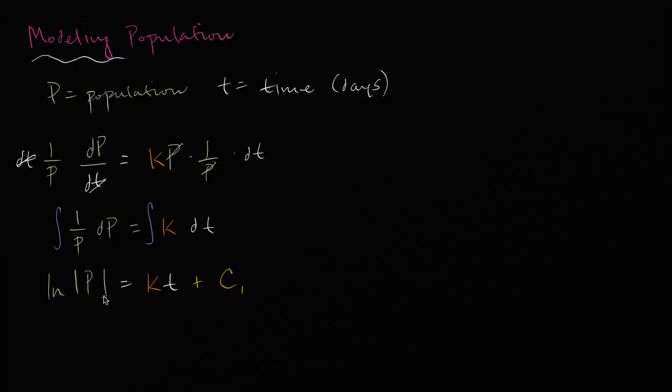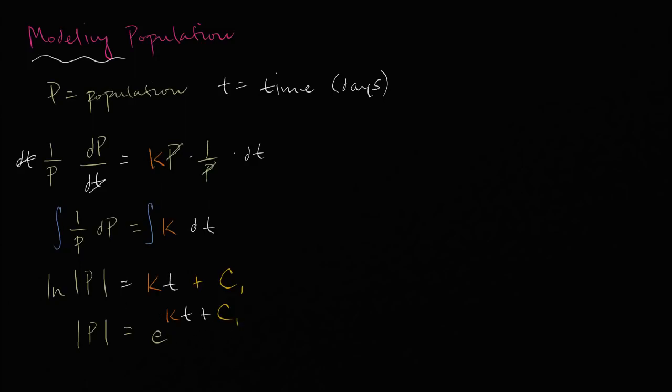Well, the natural log of the absolute value of P is equal to this thing right over here. That means the absolute value of P is equal to e to all of this business, e to the kt plus C1.